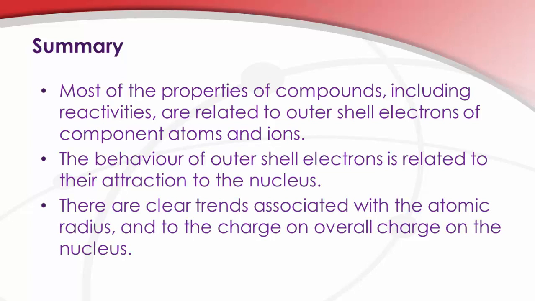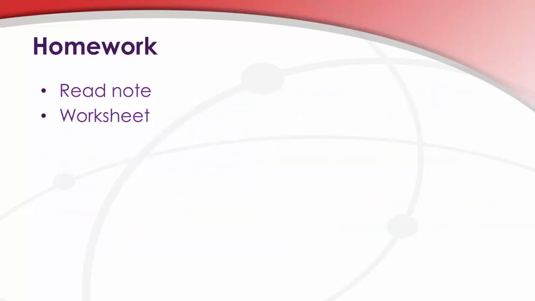We can see some clear trends associated with things like the atomic radius and the change in the overall charge in the nucleus. So these are some interesting aspects that we can get out of our newfound knowledge to do with outer electron configurations.